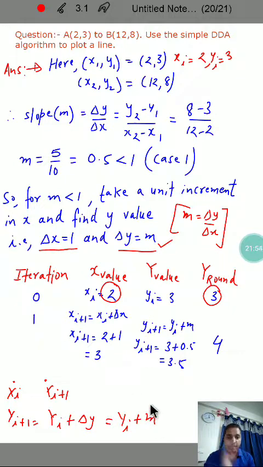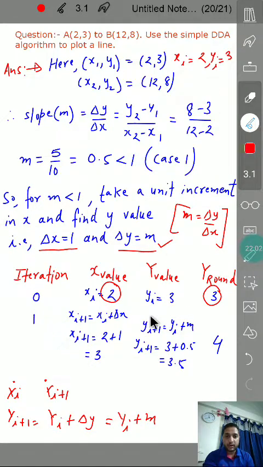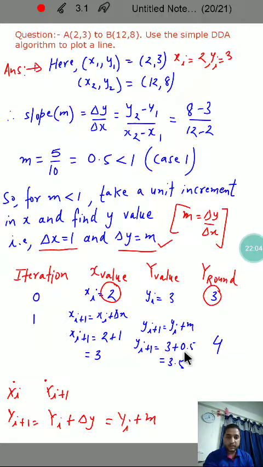So yi plus m आपको ऐड करना पड़ेगा. It means yi plus 1 will become yi plus m, and yi हमारे पास 3 है, ये देखिए आप यहाँ पे ऊपर. So 3 plus slope 0.5, it will be 3.5. मतलब 3 में आपने 0.5 ऐड करा तो 3.5 आ गया.